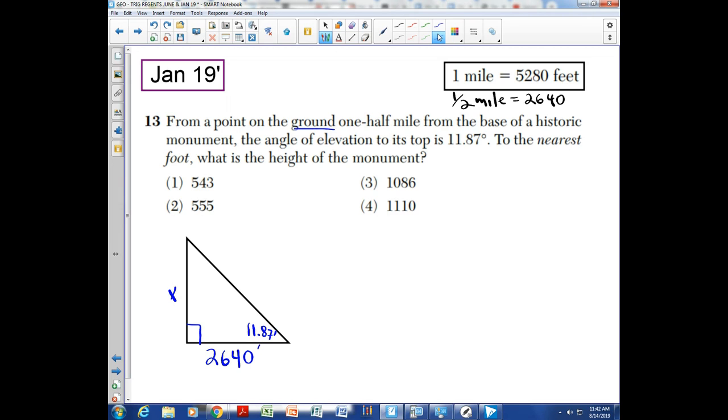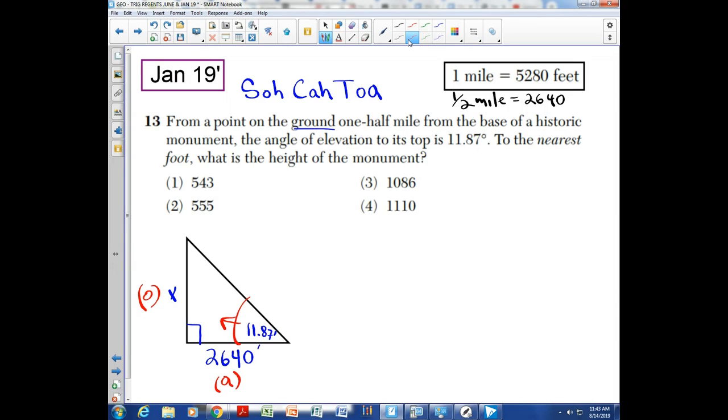Now we're going to go back to our famous SOH CAH TOA. I'm going to do my bow and arrow and say that, okay, that X is going to be my opposite side, and down here, this is going to be my adjacent side. Remember, the two legs of a right triangle will always be the O and the A. The diagonal is always the hypotenuse, which again, I don't need in this problem.